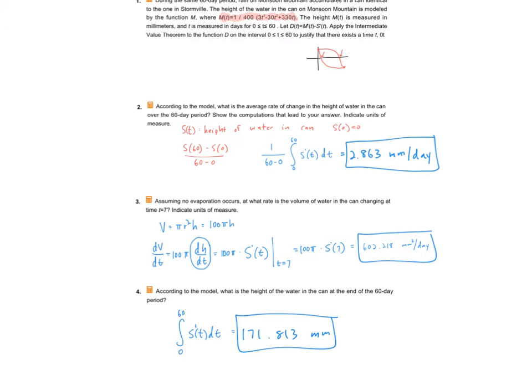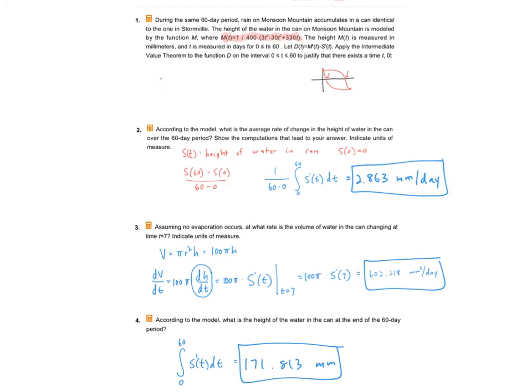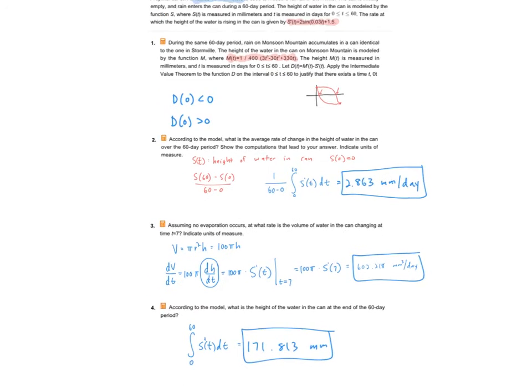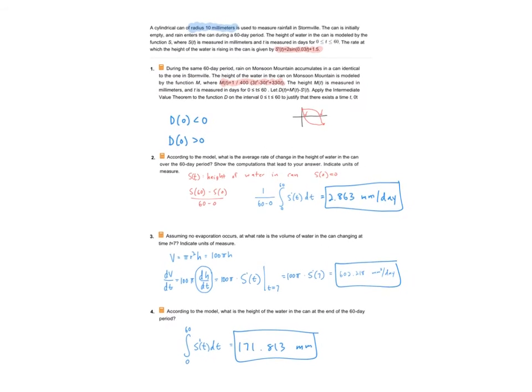Okay, and then here, what was number 1? Yeah, and just so you know, for number 1, if you actually end up doing it out, d of 0 should be negative, and d of 60 should be positive. Okay, that's everything.